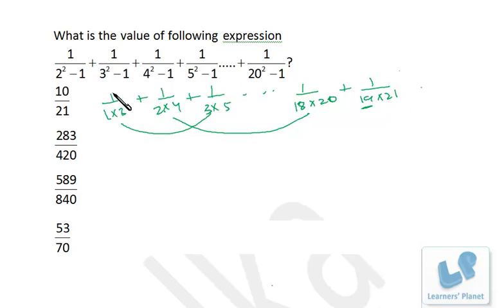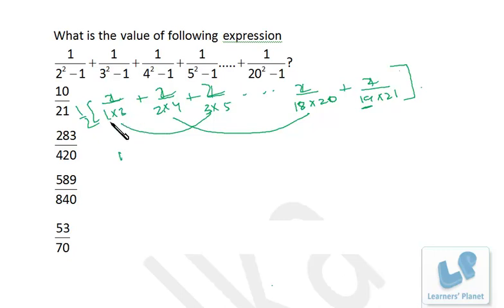Now 1 upon 1 into 3 can be written as, if I multiply the entire sequence by 2 and divide it by 2, right? So this is 2 upon 1 into 3. Why have I taken 2? That is the difference between these two numbers, 1 and 3.